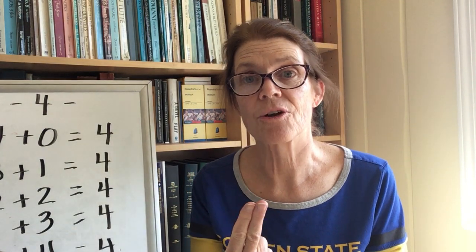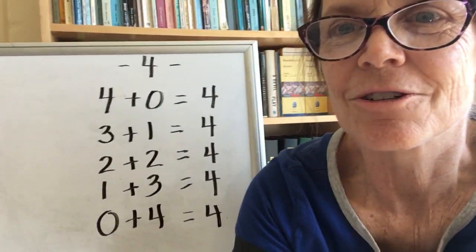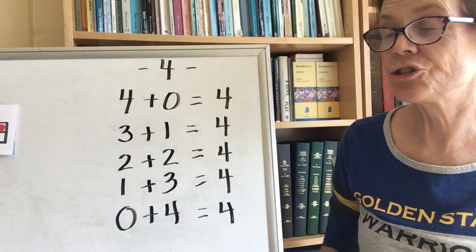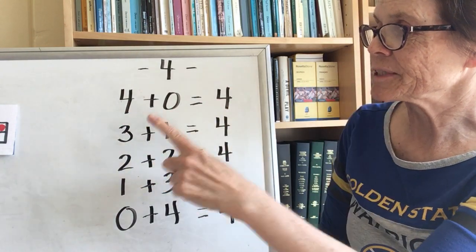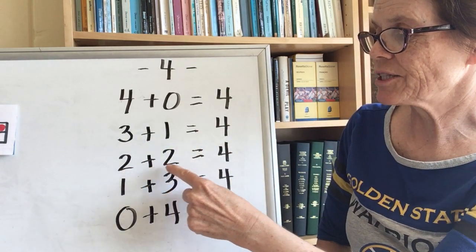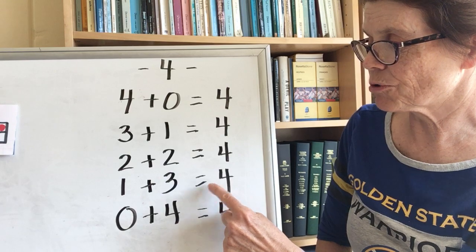So yesterday we talked about ways that we could add two numbers so that they made 4 in all. Do you remember that we did this yesterday? This is all the ways that we can make 4 by adding two numbers. We said 4 plus 0 equals 4. 3 plus 1 equals 4. 2 plus 2 equals 4. 1 plus 3 equals 4.